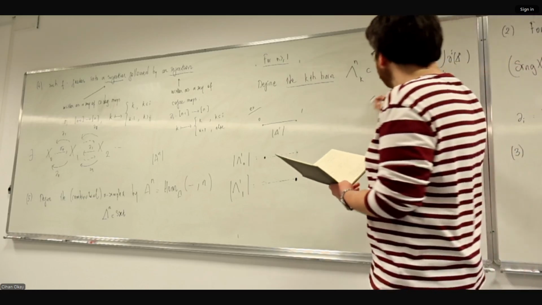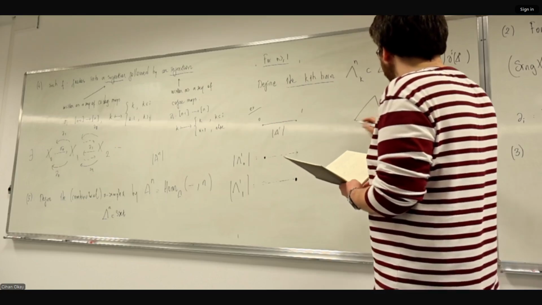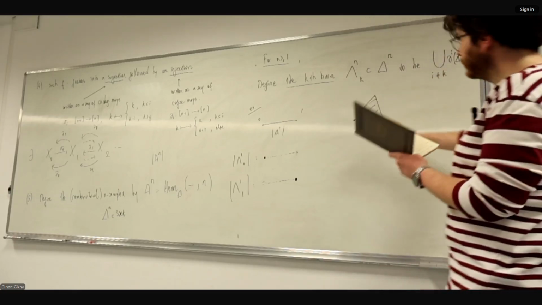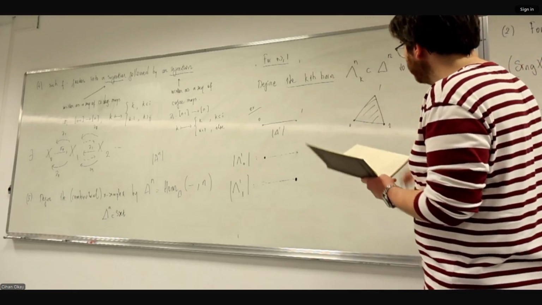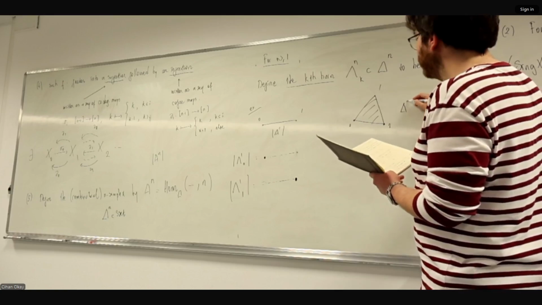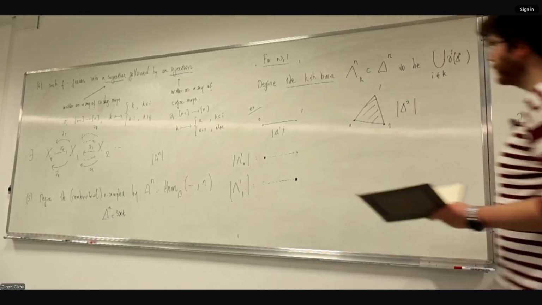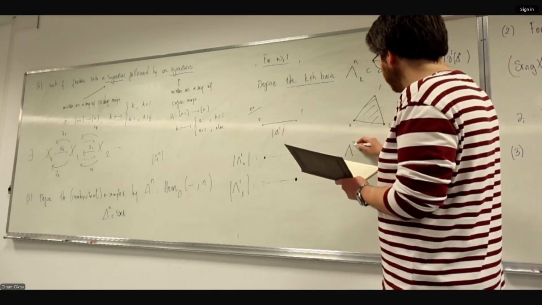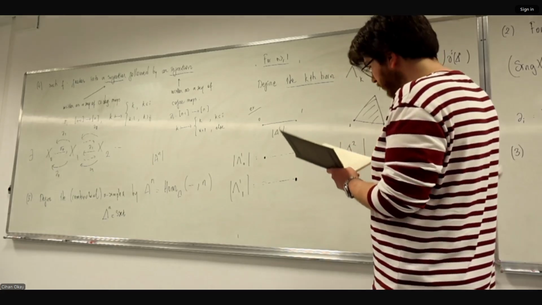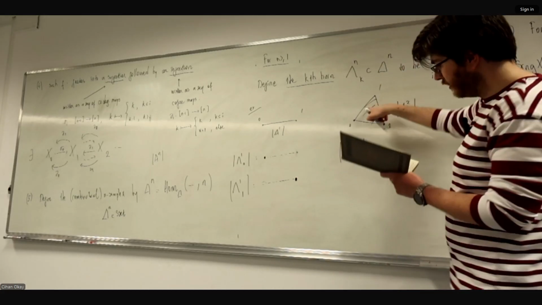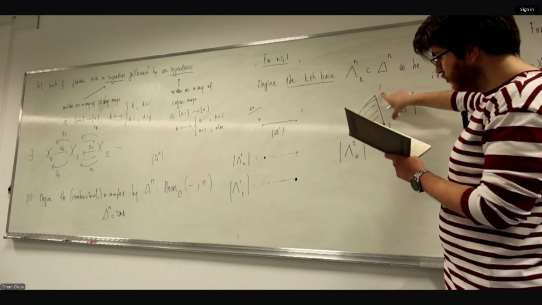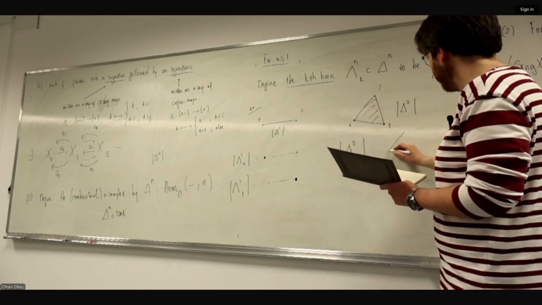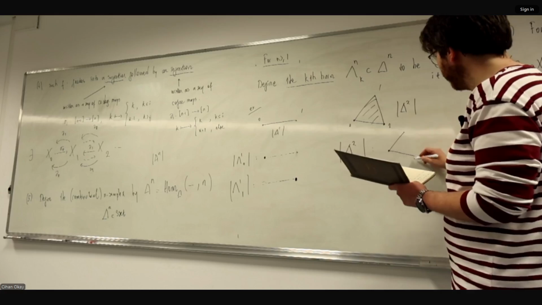And for instance, let's look at this one. Let's say these are 0, 1, 2, and this is delta 2. This one turns out to be: you are just going to delete everything inside and the edge, or the face opposite to the zero vertex. So you end up with something like this.